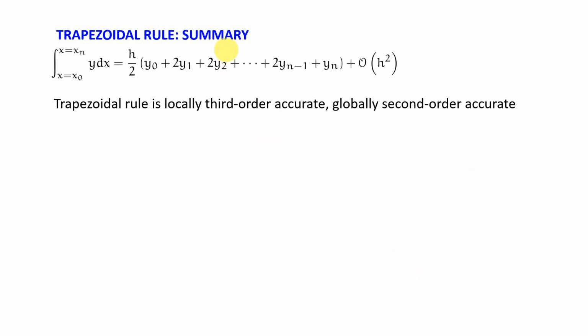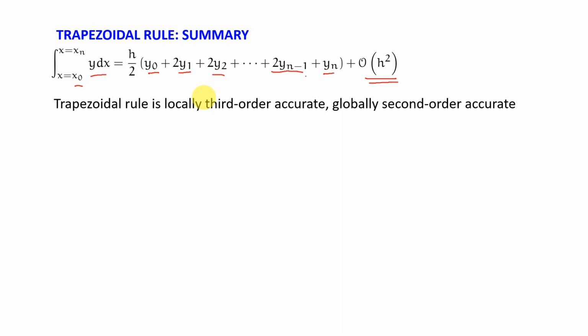So now we can summarize the trapezoidal rule. Here you have the integral of y dx between x0 and xn equals h by 2 multiplied by y0 plus 2y1 plus 2y2 up to 2yn minus 1 plus yn, and we have an error of the order of h squared.